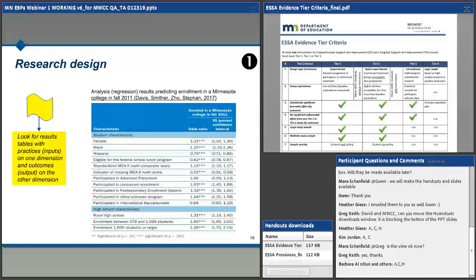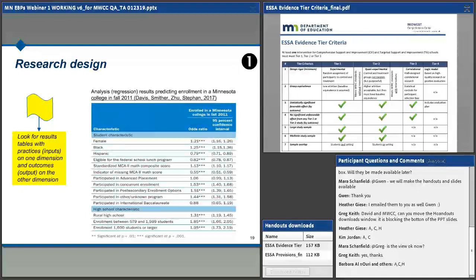Now remember that these flags mean that these are very specific look-fors to meet the minimum requirements for Tier 3. So that's what we're looking at here. If we find a results table that has a practice and outcome, then you know that you're meeting the minimum eligibility for this specific criteria, which is research design here.